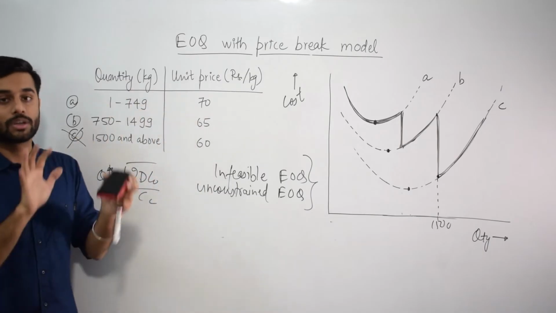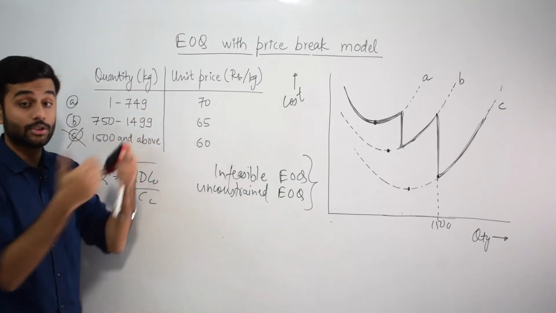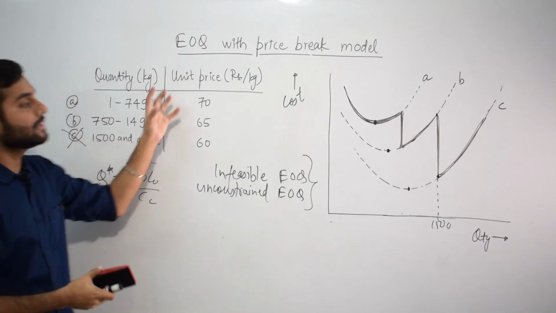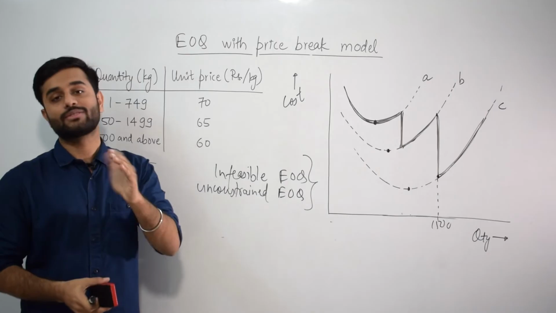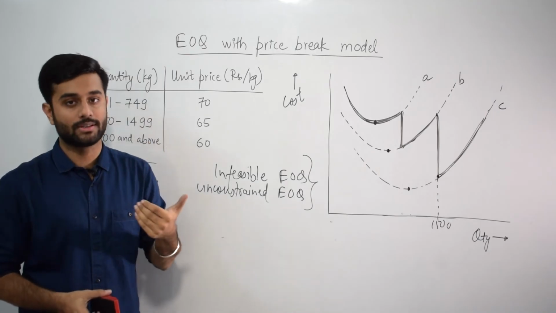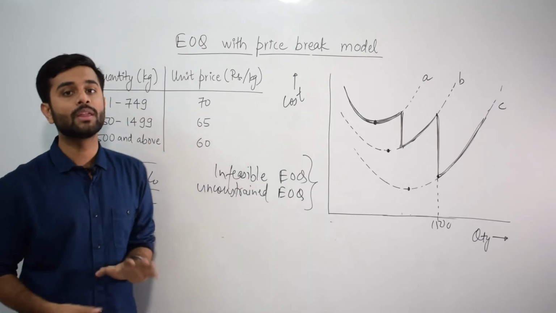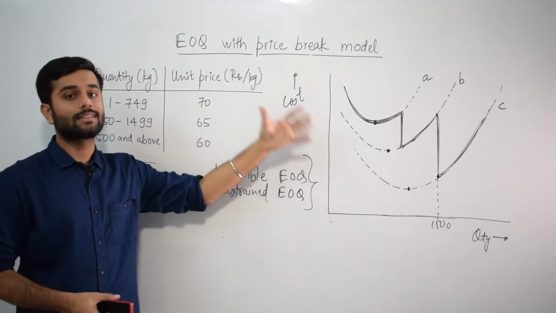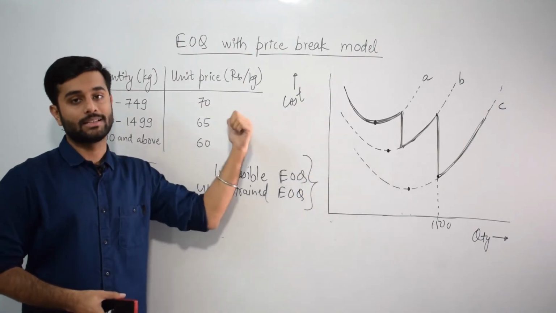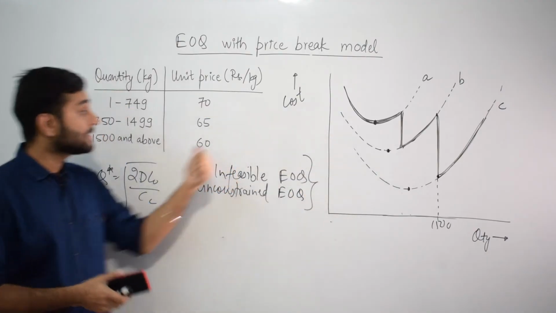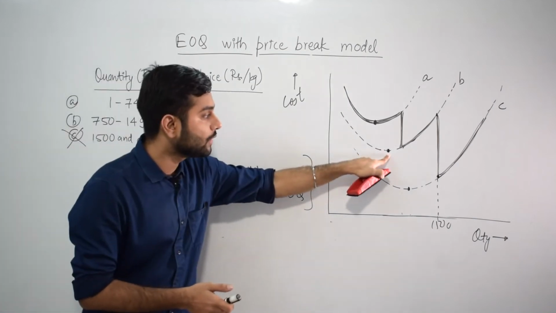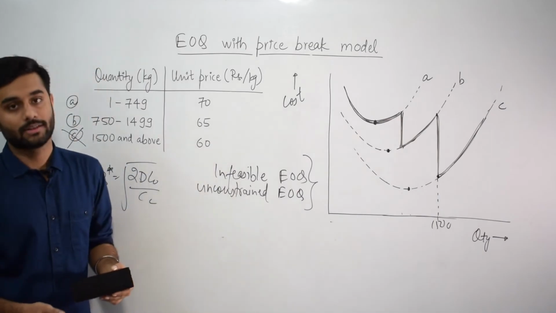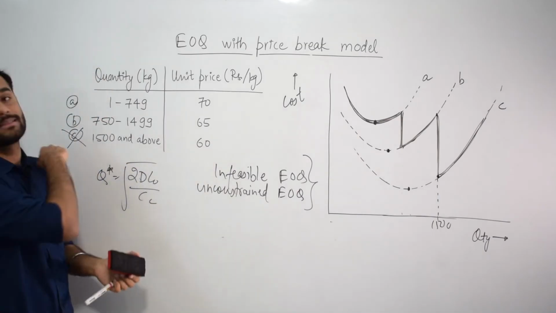Now, suppose this question is represented by this graph, although I cannot say yes or no because I have not solved the question in front of you. We will separately solve the question to see. But let's assume that this graph is representing this particular question. Then you can see that for slab B also, the EOQ will not be falling in the feasible region, so B will also be cancelled.